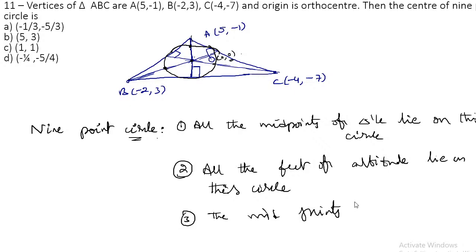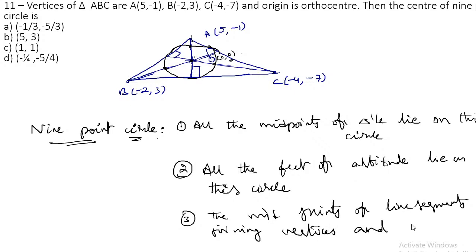So these 9 points lie on this circle, and that's why this is called the 9-point circle. The midpoints of line segments joining vertices and orthocenter.